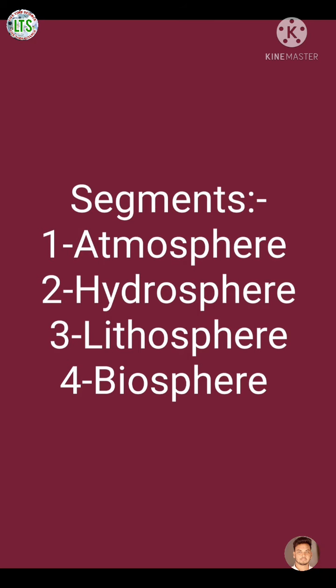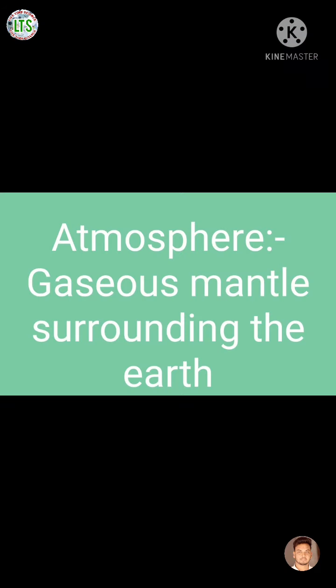Next, what are the segments of the environment? The environment consists of four segments. First is atmosphere, second is hydrosphere, third is lithosphere, and fourth is biosphere. So we will discuss briefly the atmosphere now.